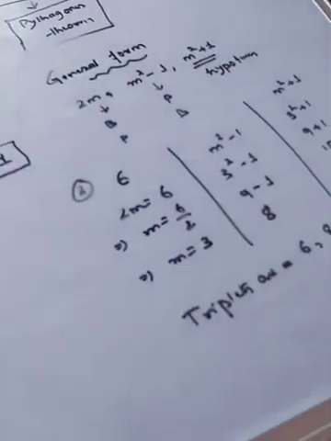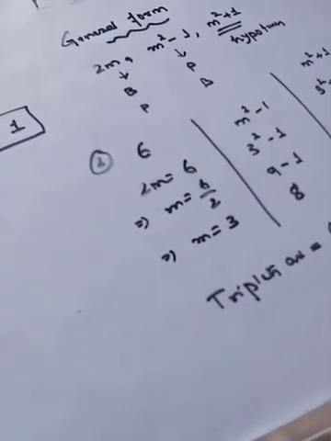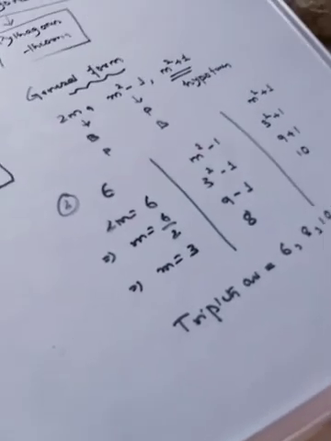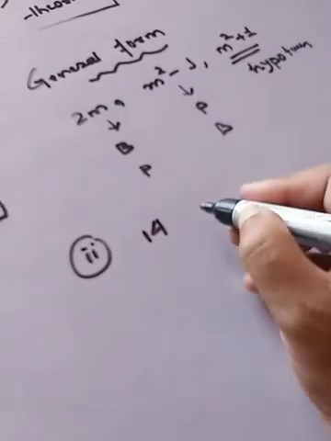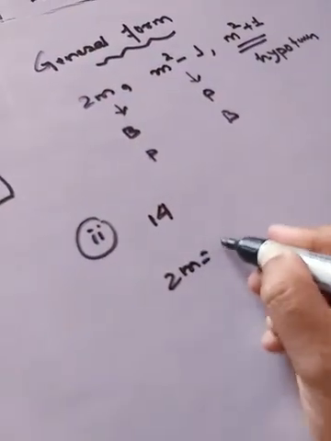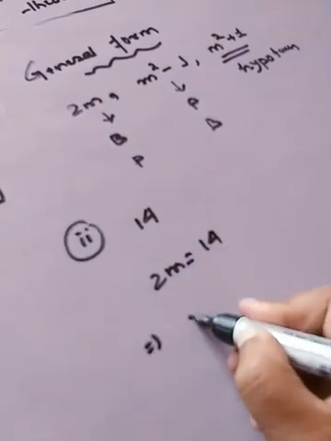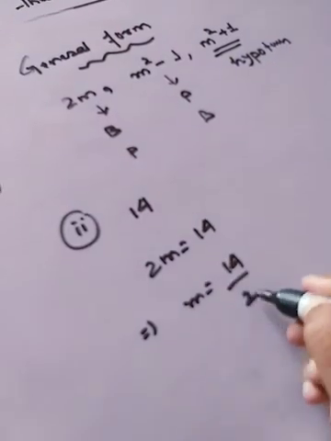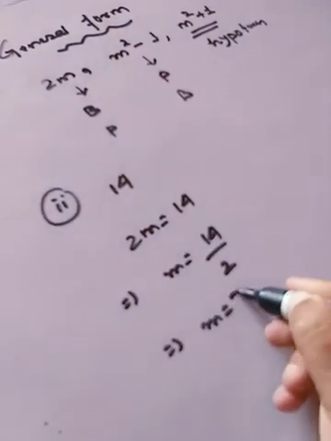Okay, so let's do sum number 2 also. Sum number 2 is very easy. Now sum number 2 is what? 14. Now again we'll compare 14 with the first form, that is 2m equals 14. So m is equal to what? 14 by 2. So m value would be 7.